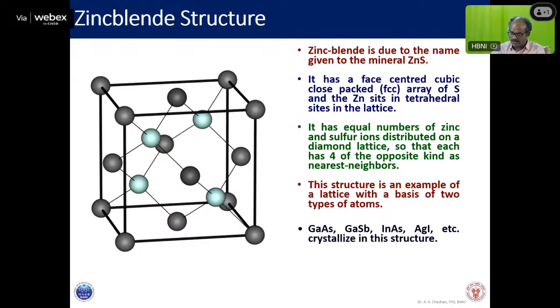Gallium arsenide, gallium antimonide, indium arsenide, silver iodide, etc. These materials crystallize in this structure. So now you know the points where each atom is sitting, and this plays an important role, as I earlier told, when you calculate the properties using different calculation tools.